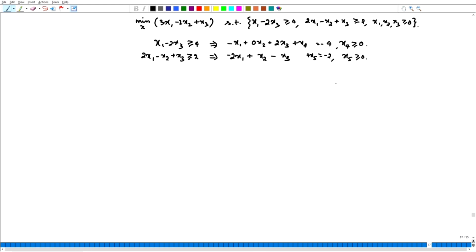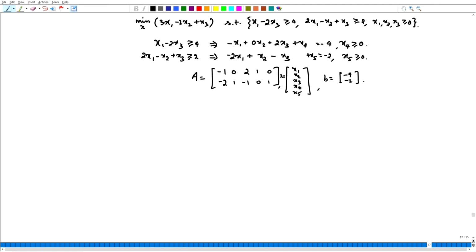Now we have the A matrix. The A matrix is minus 1 0 2 1 0, and minus 2 1 minus 1 0 1. This multiplies x1 x2 x3 x4 x5, which is x, and b is minus 4 minus 2.